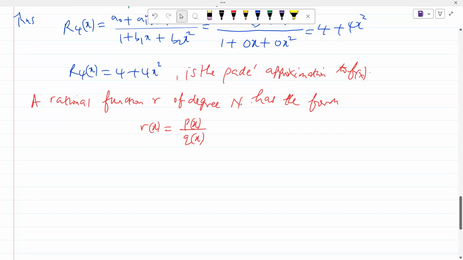Right, so a rational function of degree N has that form. I'm just describing the idea because we're going to use this in the general description of the Pade approximation of any order. This is true where the P of x and the Q of x are polynomials.